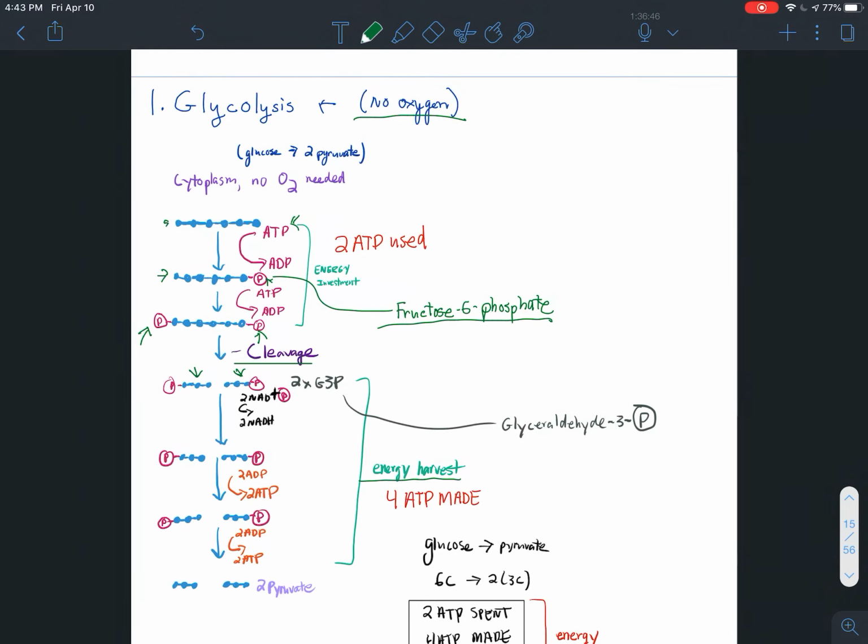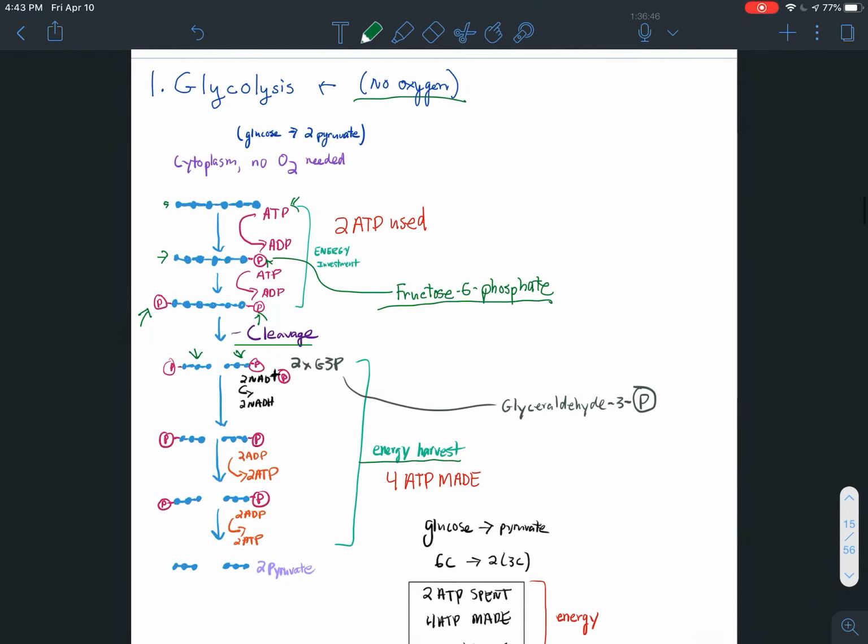The cleavage phase occurs right before it. These 2 cleaved 3 carbon phosphate molecules are called glyceraldehyde 3 phosphate.